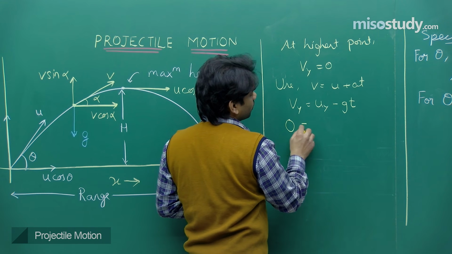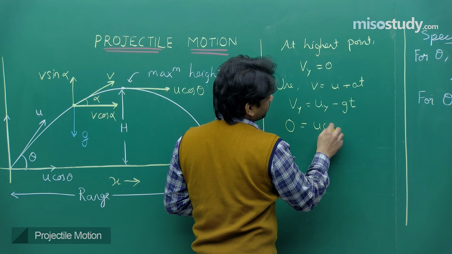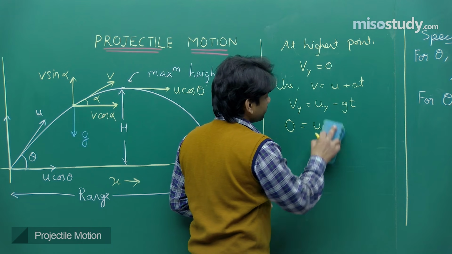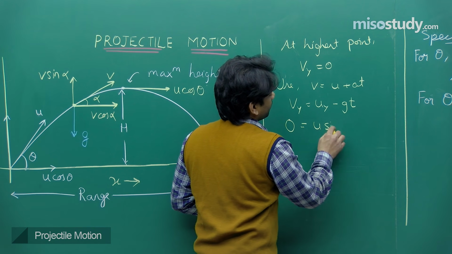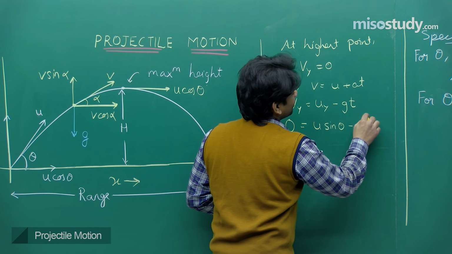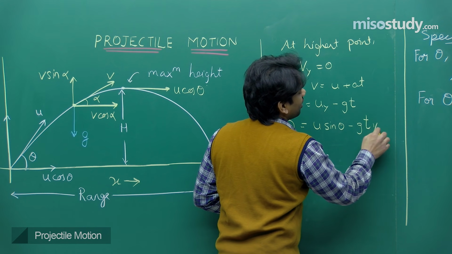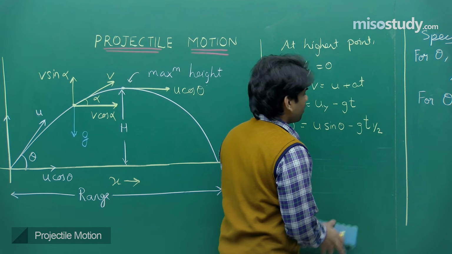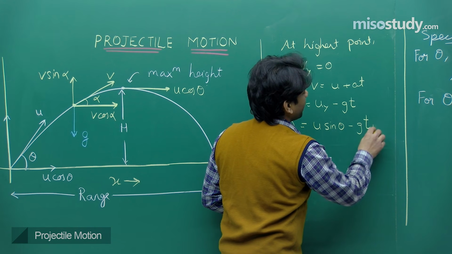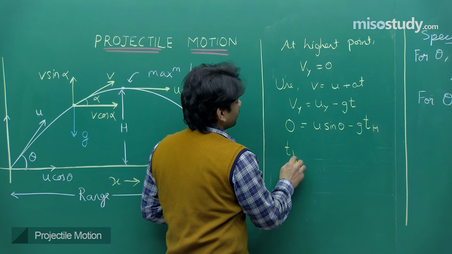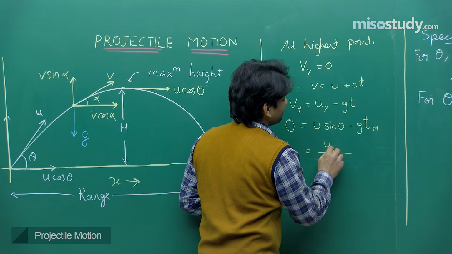Vy is 0, uy is u sin theta, minus g, and let me keep this as th for maximum height. So th will come out to be u sin theta by g.